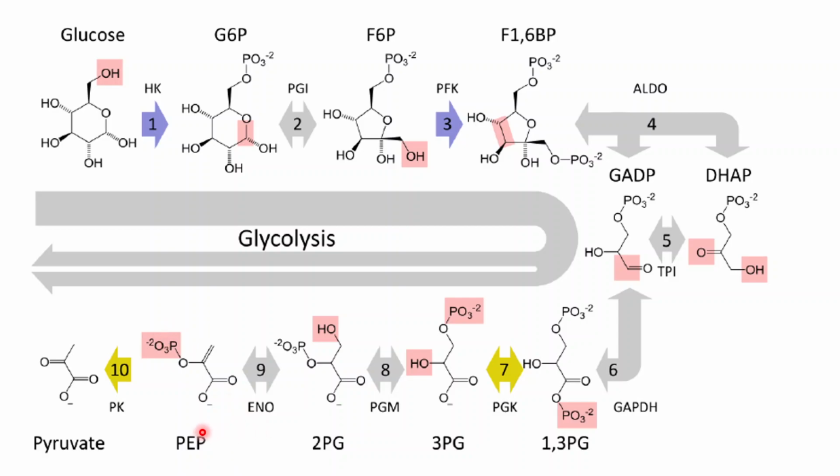So, phosphoenol pyruvate, this is the ninth intermediate, and then the final product, that is pyruvate, which is made by pyruvate kinase. So, again this is a kinase, so it takes out the phosphate from this phosphoenol pyruvate and transfers it to another substrate, resulting in the final product pyruvate.